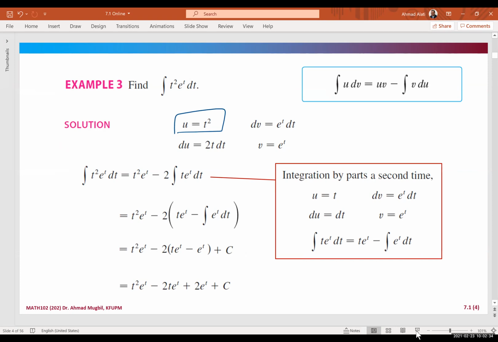But if the power is 2 or more, you may need to integrate by parts a second time. In that case, you should keep your choice unchanged. You choose u to be the power function and dv to be the exponential. Don't change your mind. If you do, you will cancel what you did in the previous integration.